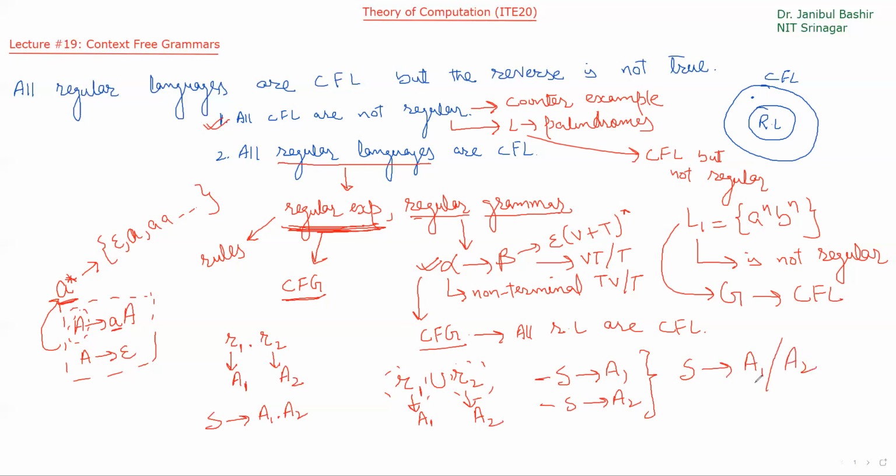So what does that mean? It means that this is a shorthand notation for writing two rules that are derived from the same symbol. So you can see that for every regular expression, we can have a context-free rule. So that means for every regular expression, we can have a context-free grammar, and that will imply that all regular languages are context-free languages.